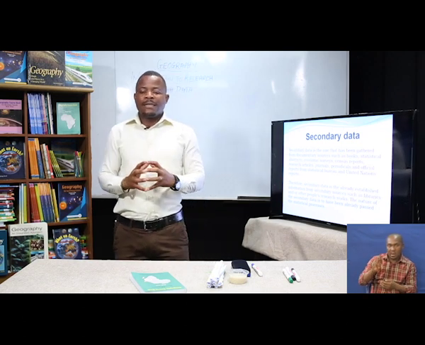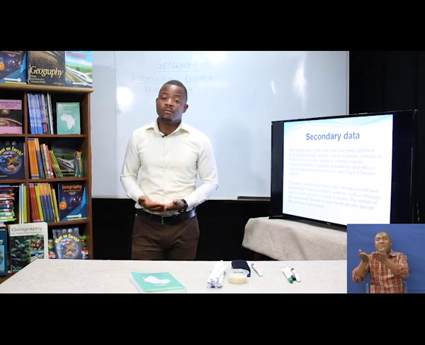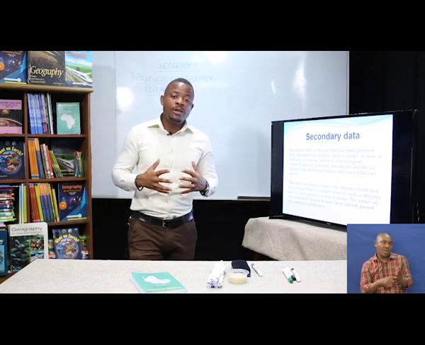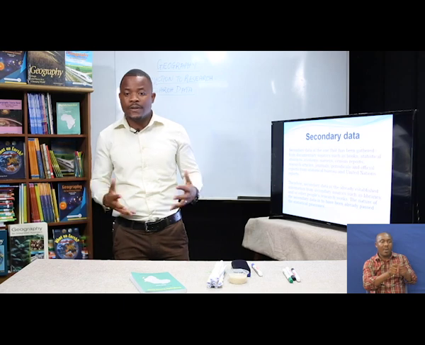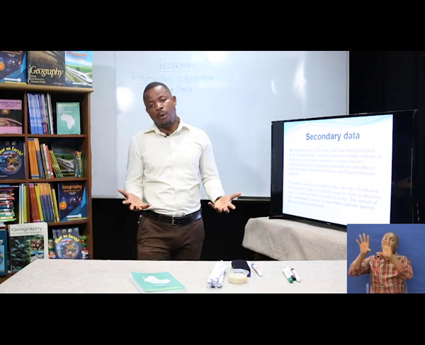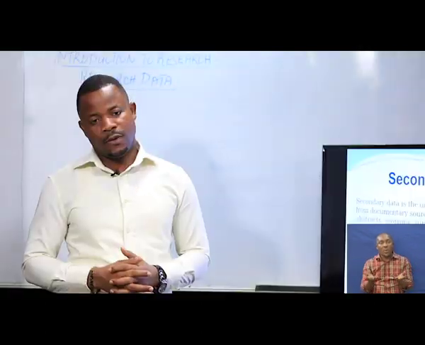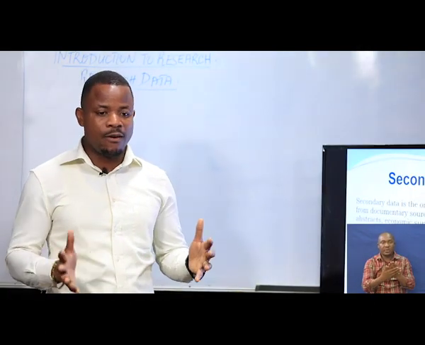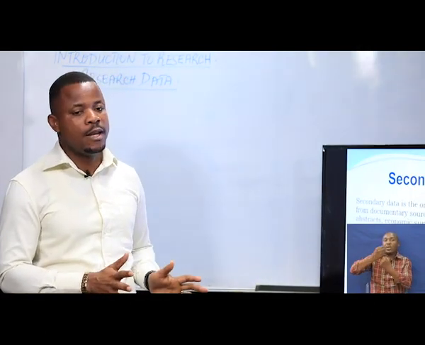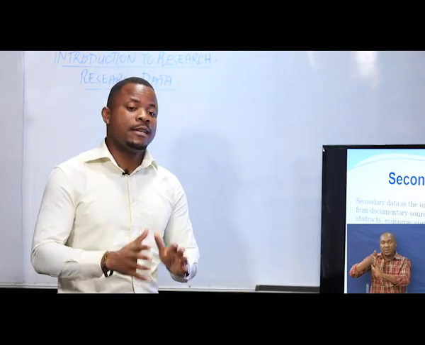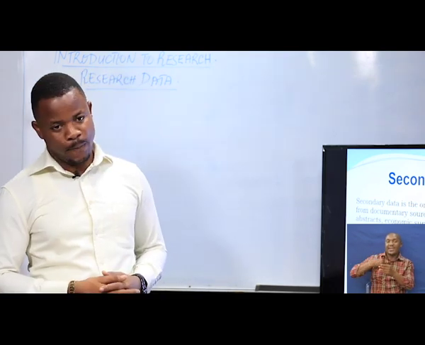The data found in books, in magazines, in WHO reports, national census reports, and other already-made written sources. So all the information we gather from these sources is referred to as secondary data.